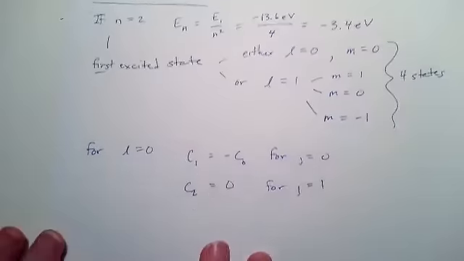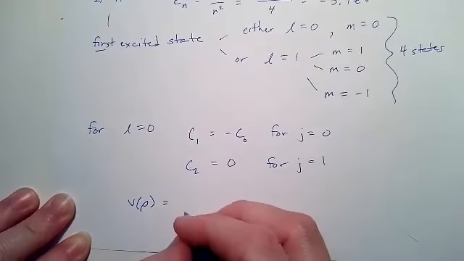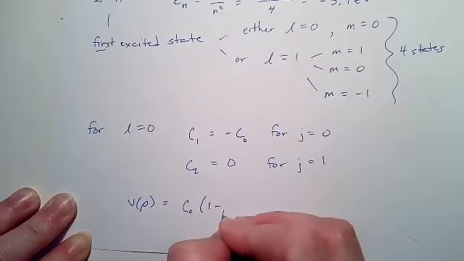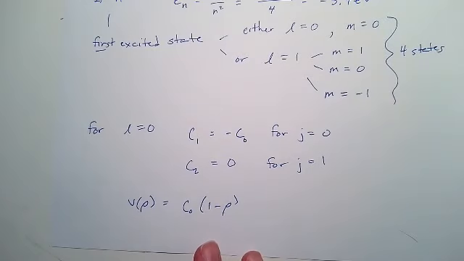Right, so then that placeholder function that we have in our solution gives us c0 times 1 minus rho. That's our polynomial of that degree. And again, so that's our power series.